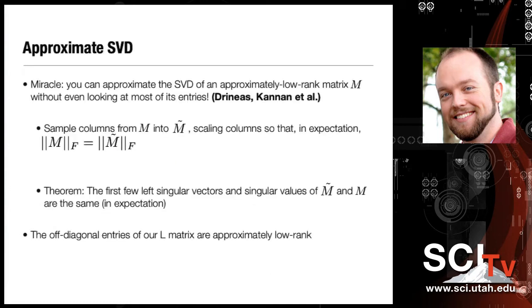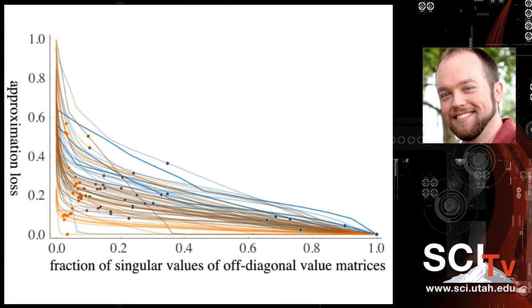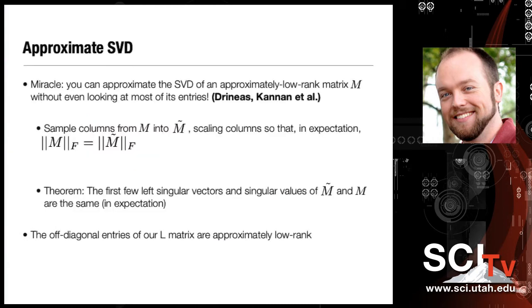And it turns out that there's this miracle of a paper that came out 80 years ago that is really miraculous, okay? This is amazing. It says that if your matrices are of this kind, in which most of the singular values are small and only a few of them are large, you can actually get an approximation of the SVD by just sampling a few of the columns of the matrix randomly, scaling them so that the Frobenius norm of your sample looks the same as the original.